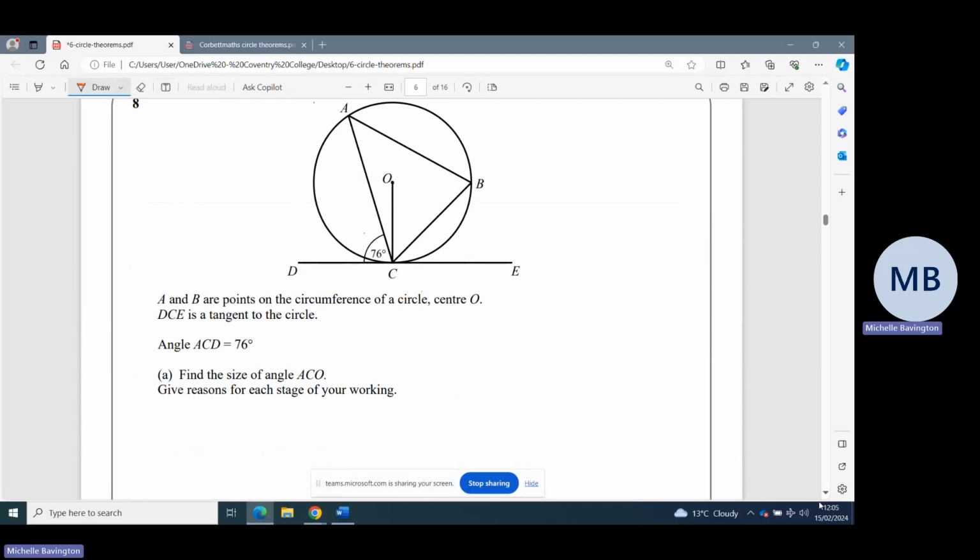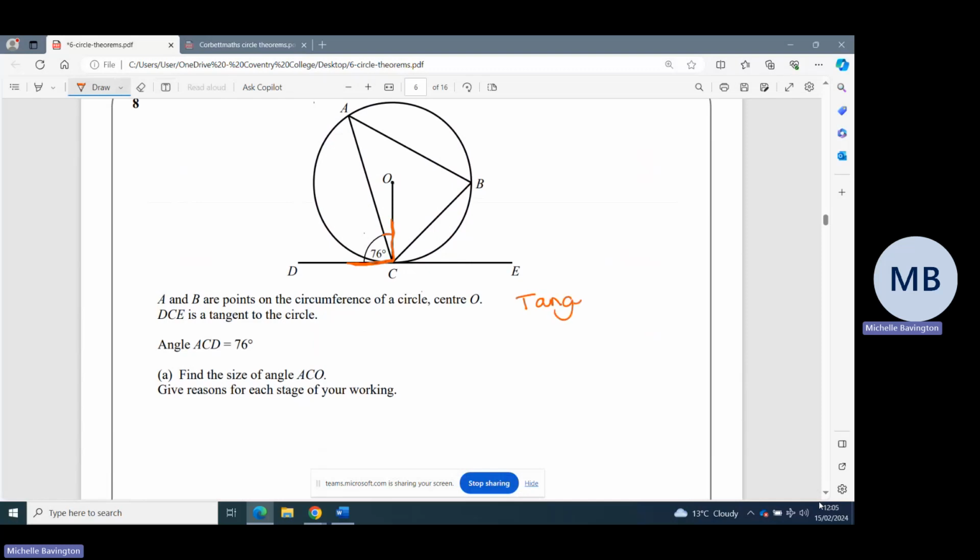Oh my gosh, what's this? Okay, this looks even more complicated. Find the size of angle AC. So I want this angle here. Actually, pretty easy. Pretty easy, I think. Tangent meets radius at 90.